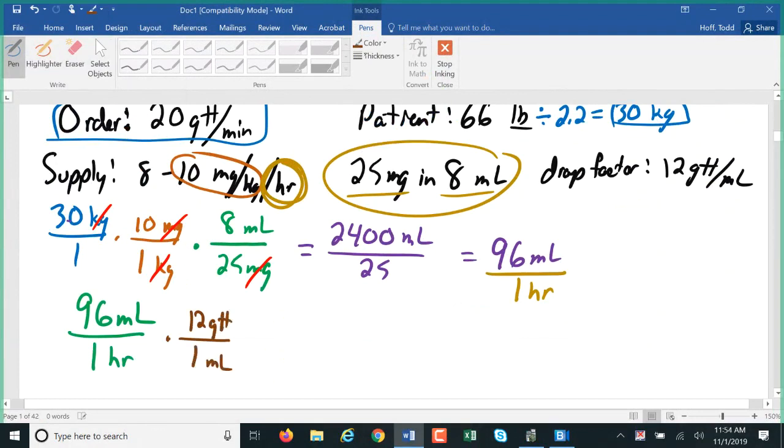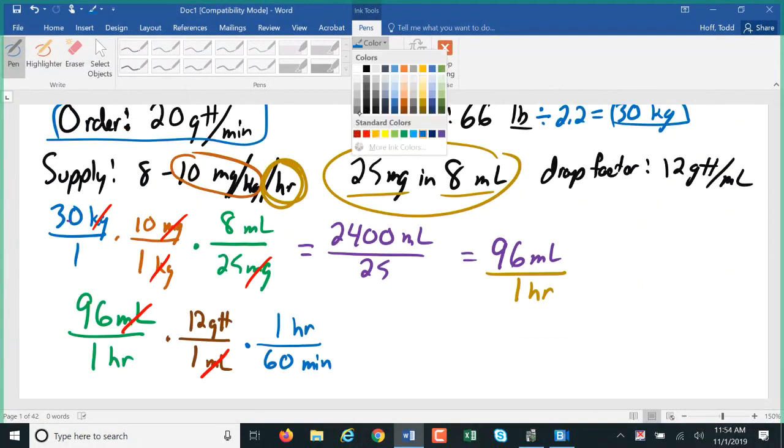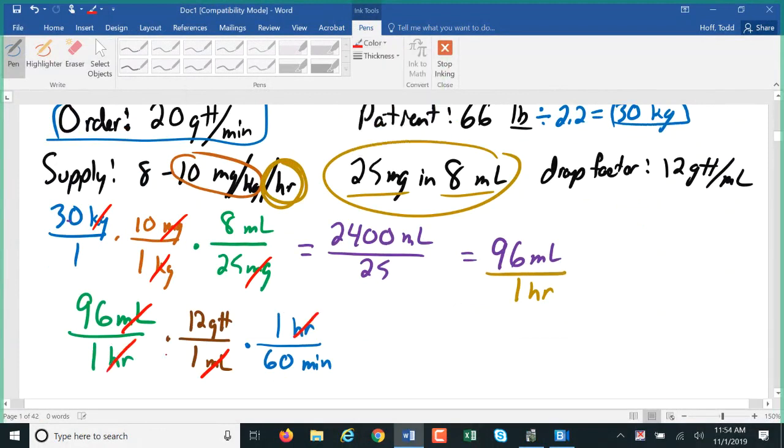So the milliliters are gone, but this is going to put us in drops per hour. So we want to get rid of those hours. Turn it to minutes. Put 1 hour on top so that the hours will cancel out, going to 60 minutes. Hours cancel out.